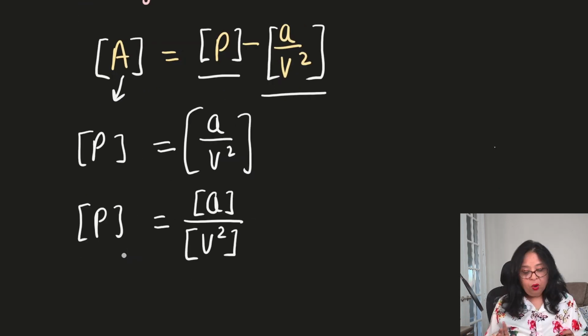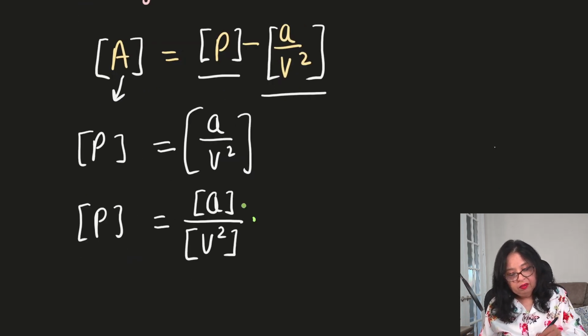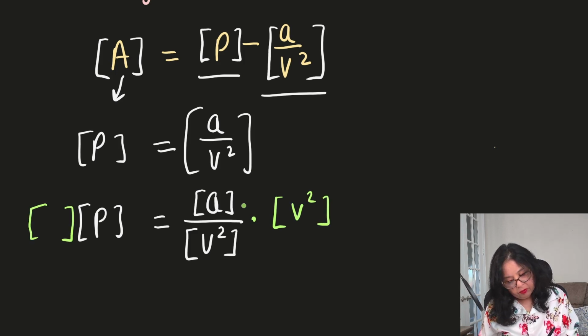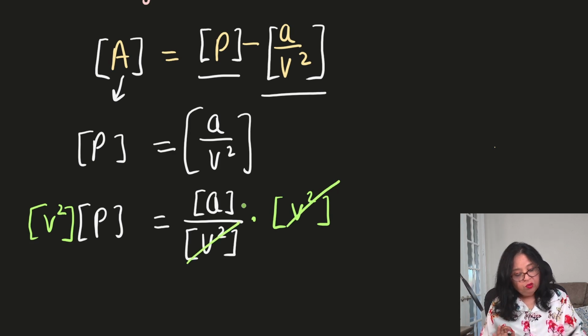Now go ahead and multiply both sides of this equation by V squared. What does this give you? V squared cancels out on the right hand side.